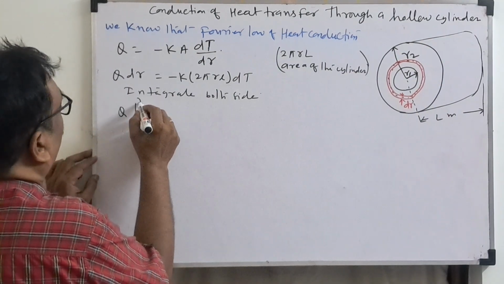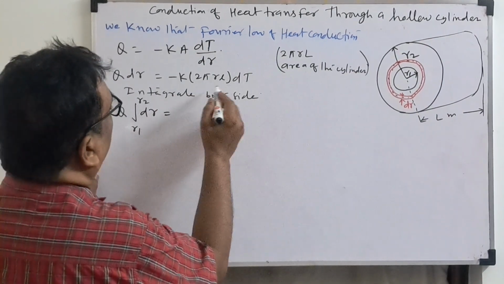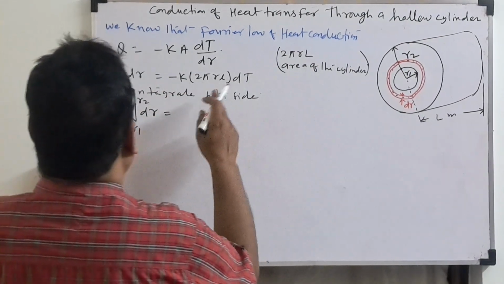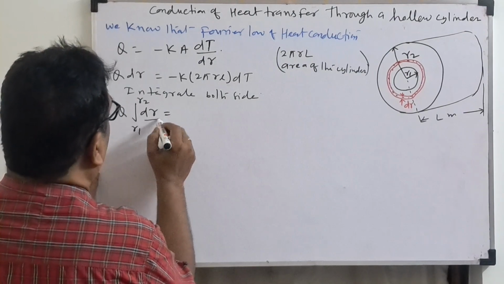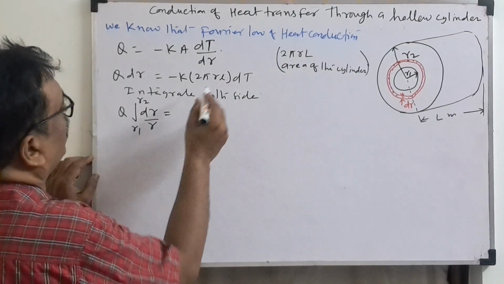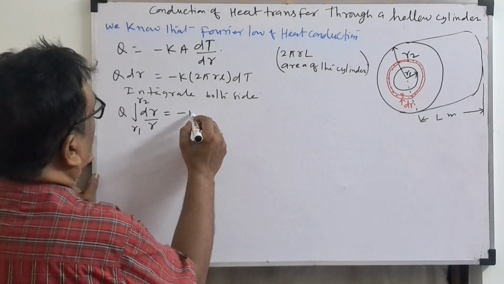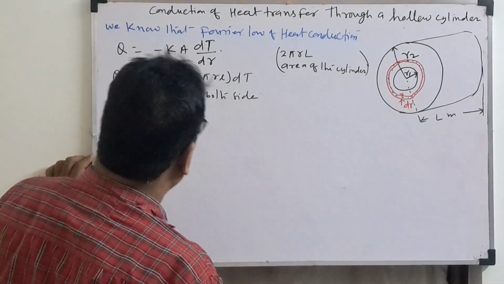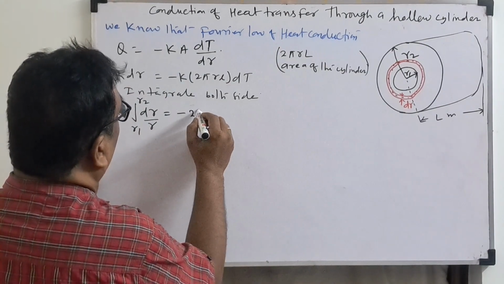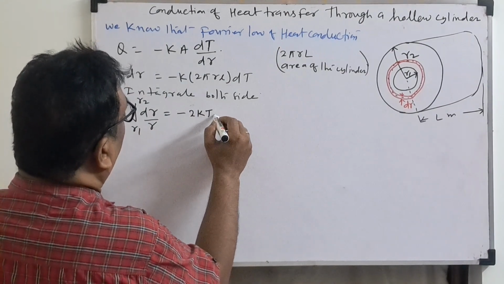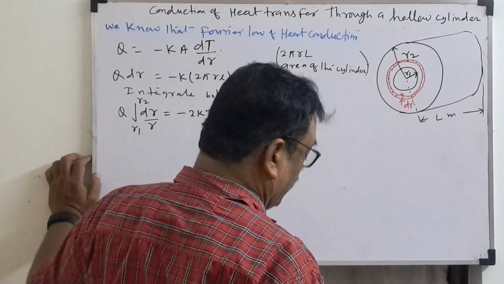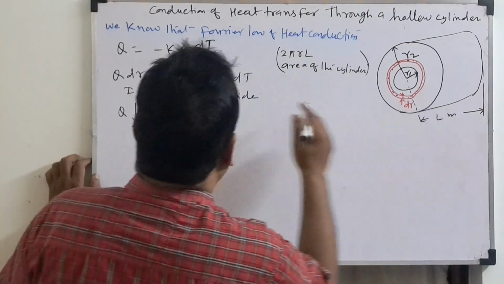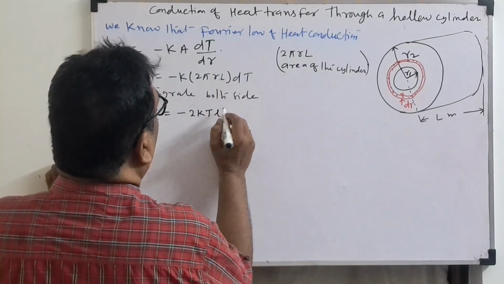Now what is dT? The other things stay, and you bring R here: dr by R. With the minus K, 2 K pi L. The length I took is capital L, so write capital L here also.